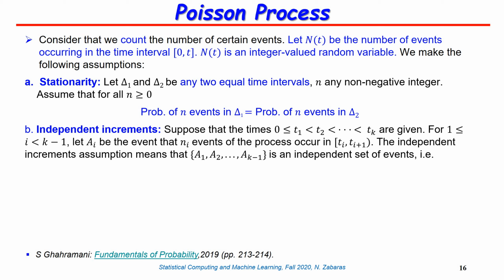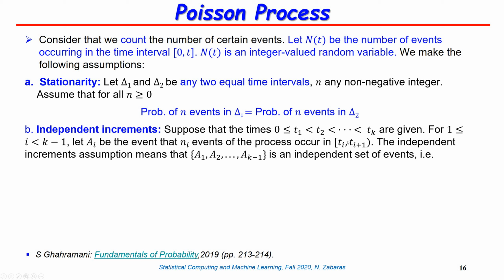So let me define it, following again the reference on the bottom. Let me take times t1, t2, tk in this order, and I'm going to define an event Ai to be the event that I see ni events take place in the interval ti to ti plus 1. So again, the notation here, the subscript i, refers to the beginning of the time interval, right?